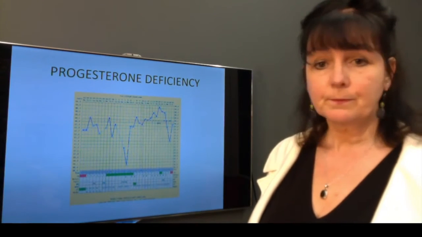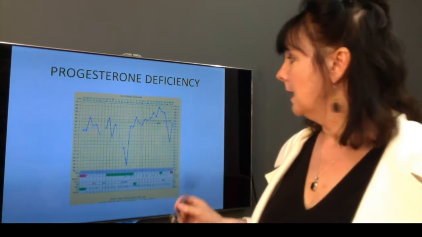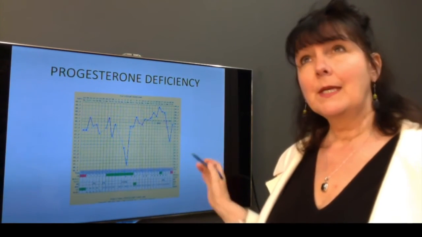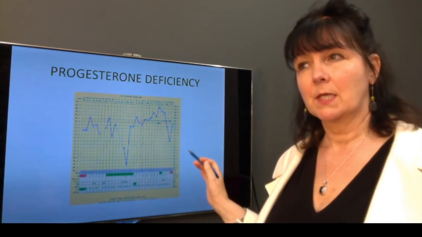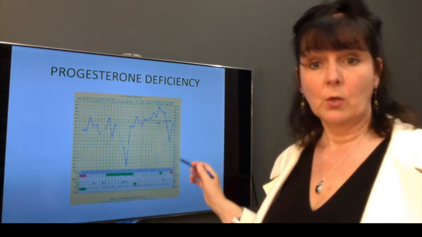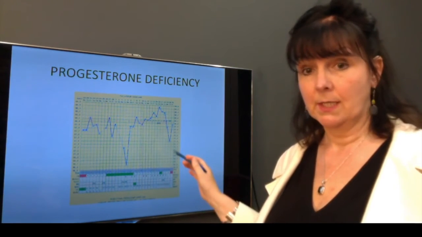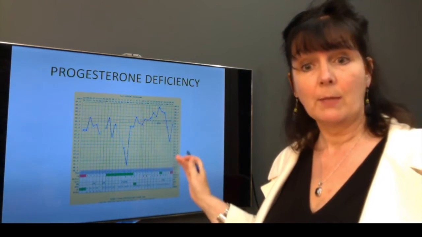It's another very, very common thing that we see in practice, and is something that is a factor in terms of repeated miscarriage, non-implantation, repeated early miscarriage. So you may have clients that are fertilizing eggs, but they're not able to implant effectively.